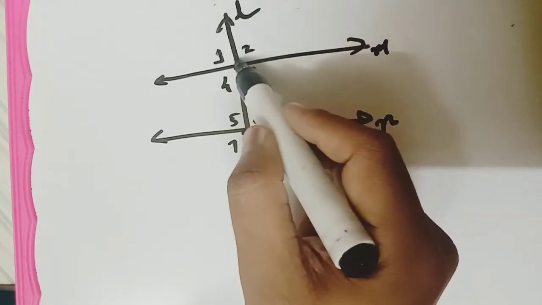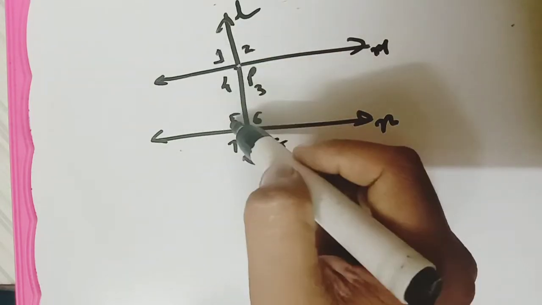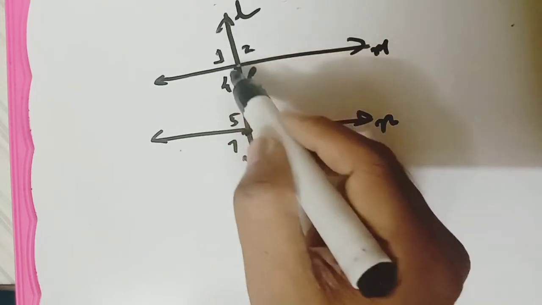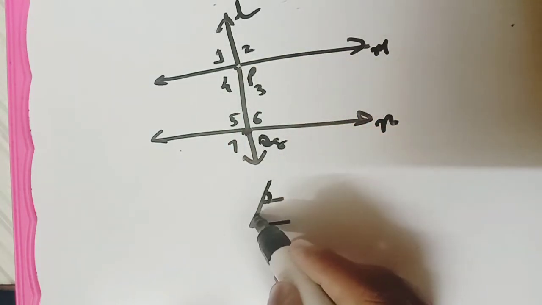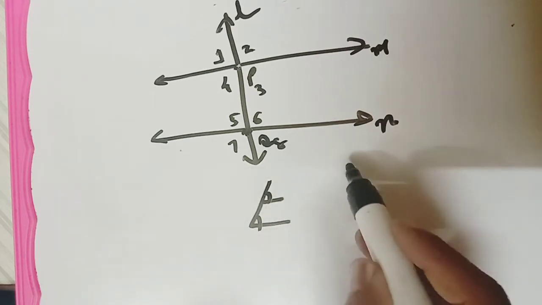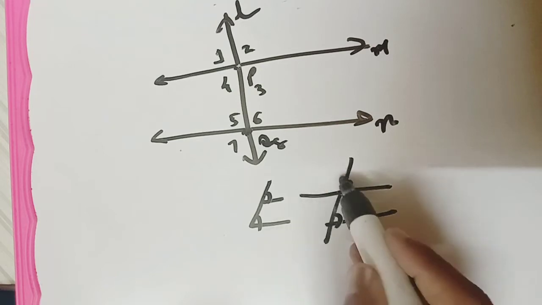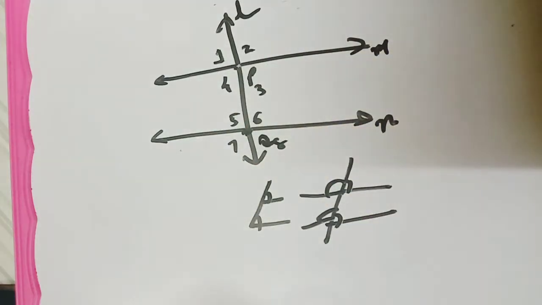Also, angles 1 and 5, and 2 and 6: when the line intersects and we get such pairs of angles, those angles are called the corresponding angles.